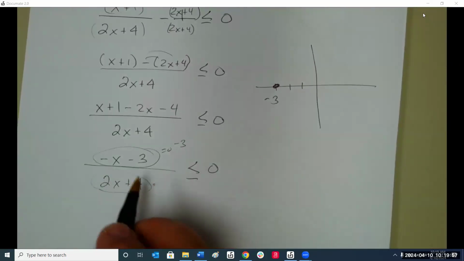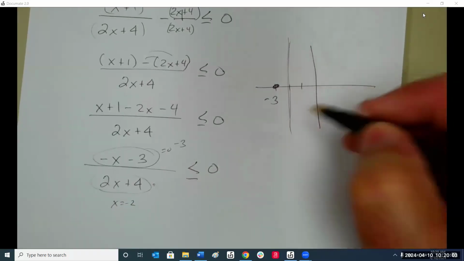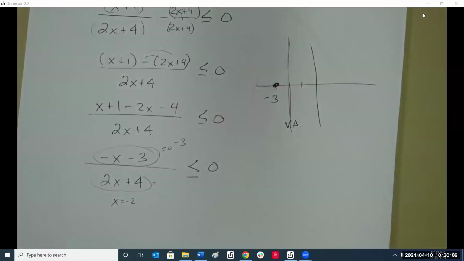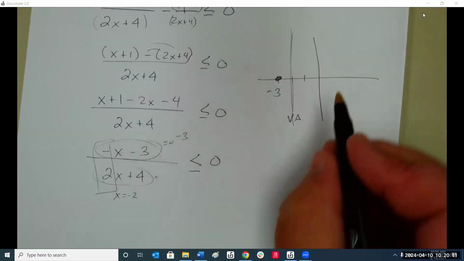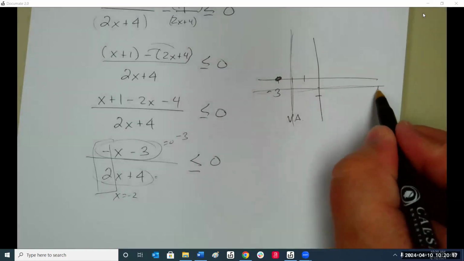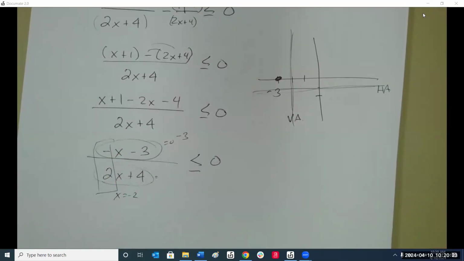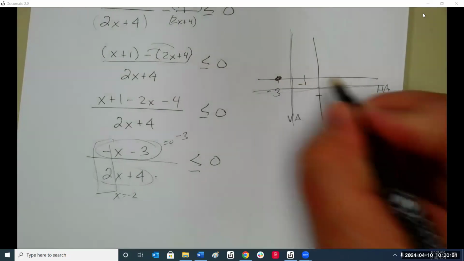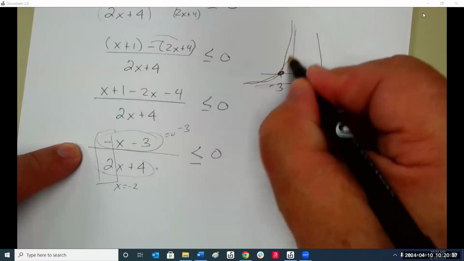Set the bottom equal to 0. We have x equals -2. That's a vertical asymptote. The horizontal asymptote is at -1/2. It's just the coefficients, since they're both the same degree. So if we plug in -1, because up here we know the graph's going to look like this.